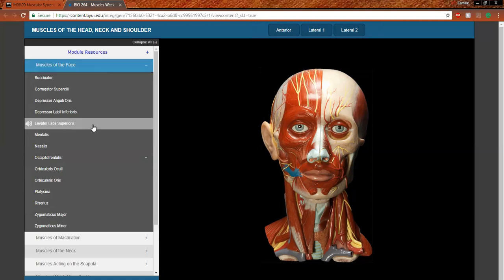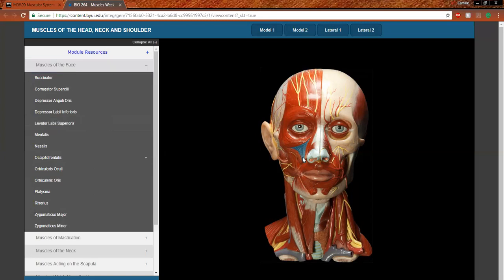And then the next one I like to go to is the levator labii superioris. Levator meaning to elevate, labii, lip, and then superioris, superior. So that's going to pull your lips up. And if you look right next to the levator labii superioris, the blue one, there's this little part that's not yet highlighted, and that's your zygomaticus minor.